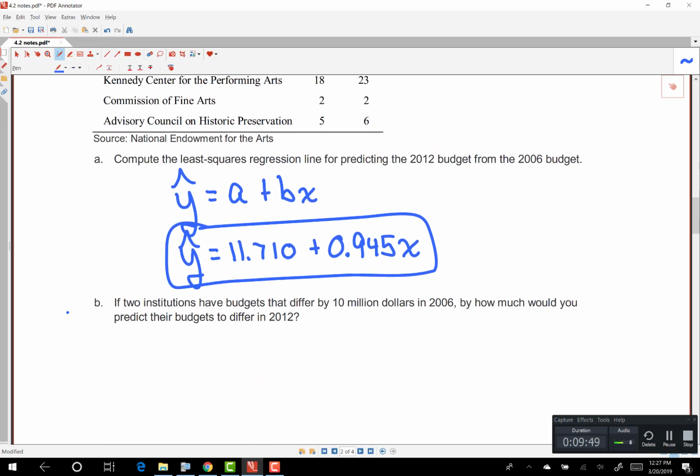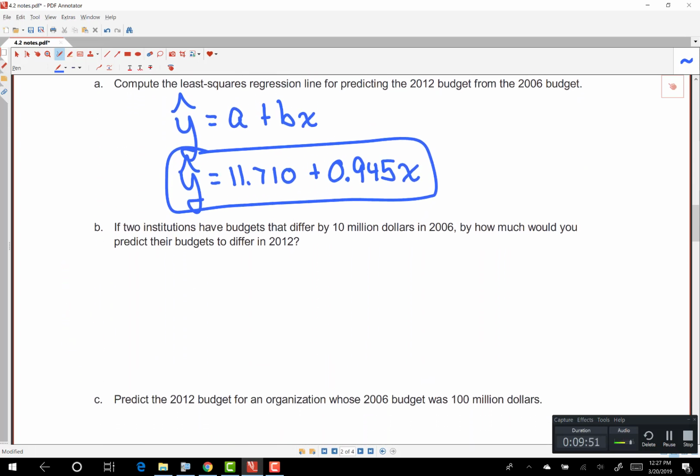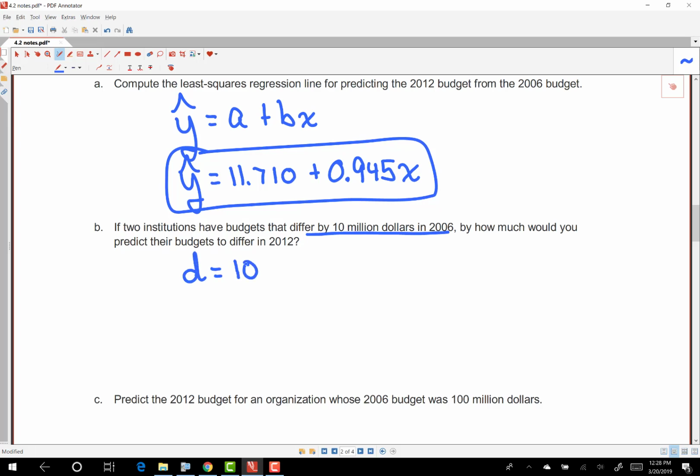Okay, so for part B, it says if two institutions have budgets that differ by $10 million in 2006, by how much would you predict their budgets to differ in 2012? Okay, so we know that they differ by 10 million in 2006, so our d is going to be 10. And how much do we predict their budgets to differ in 2012?